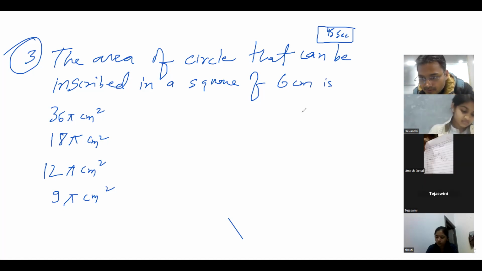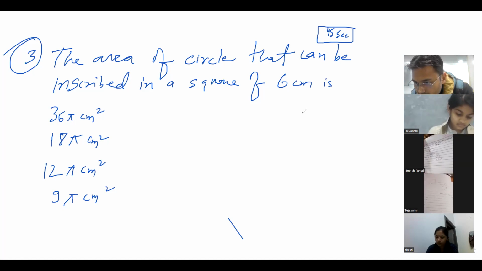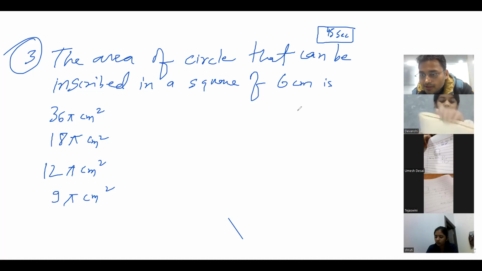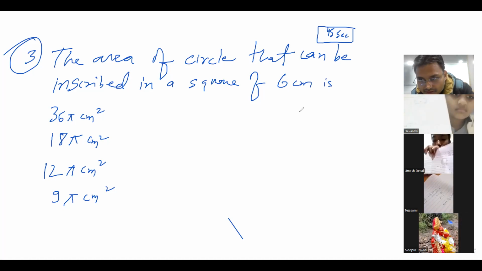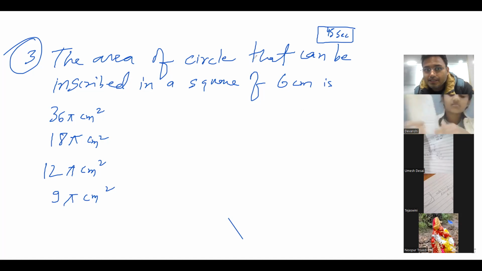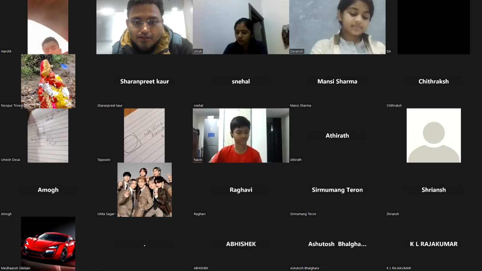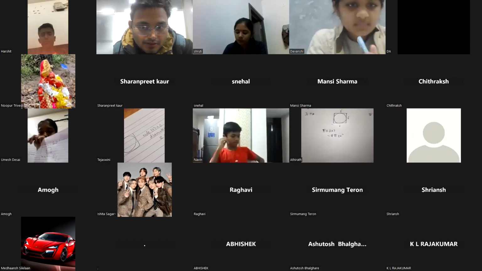Sir, 9 pi r square. 9 pi square, sir. Tejaswini, 9 pi square. Okay, others, show your copy. Fine, ठीक है देवांशी. Next, others. 9 pi centimeter square.